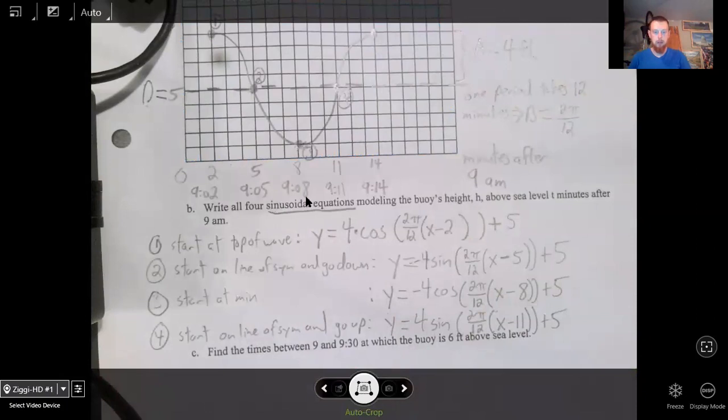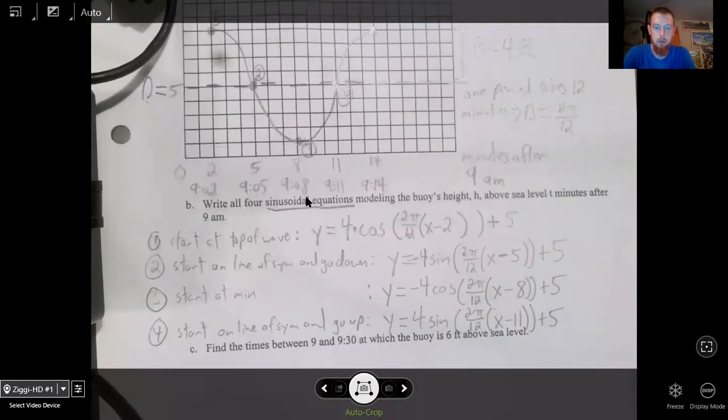What's neat about this is all 4 of these functions are the exact same. Any one of these that you put in, you would get the exact same thing. It's asking us to find the times between 9 and 9:30 at which the buoy is 6 feet above sea level.